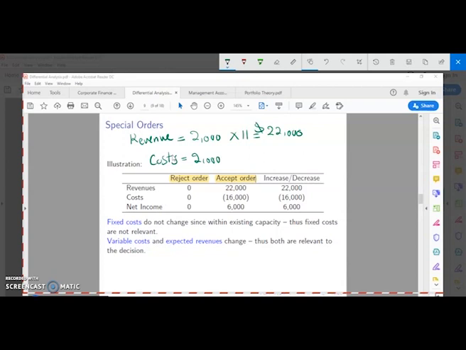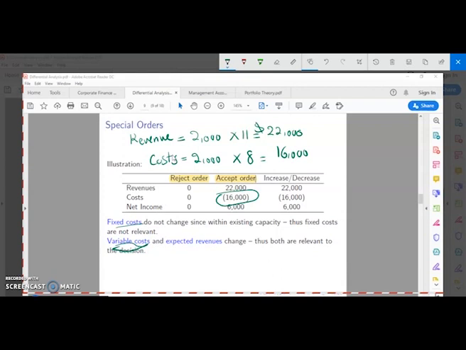And if you produce 2,000 units, it will cost you $8 per unit, which is 16,000, and you can see it here as negative effect. So what do we have here? In fact, why we only have $8 is because we only consider the variable cost and the fixed cost will not change.